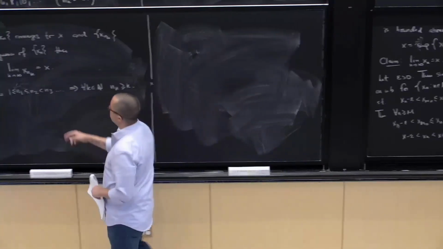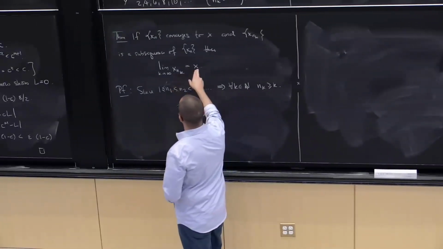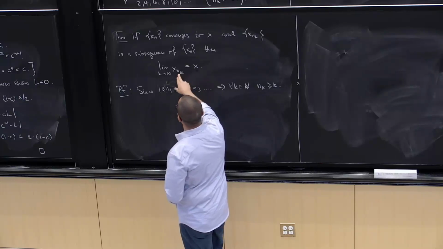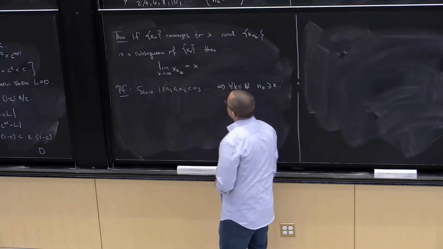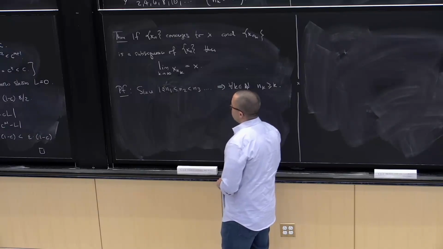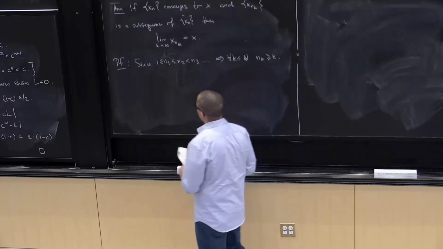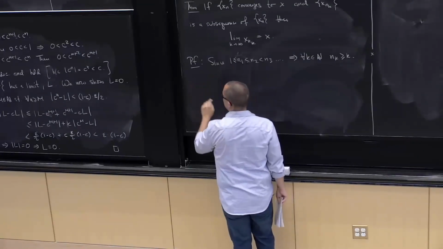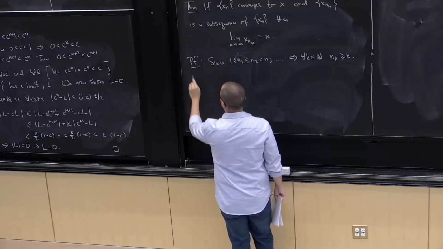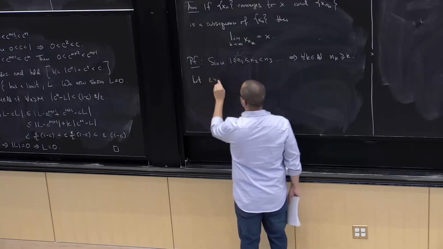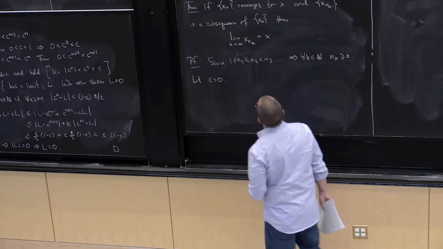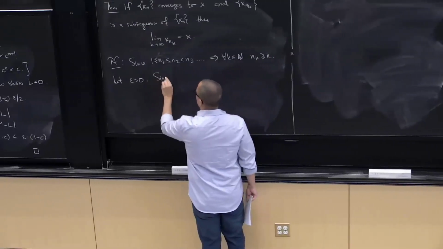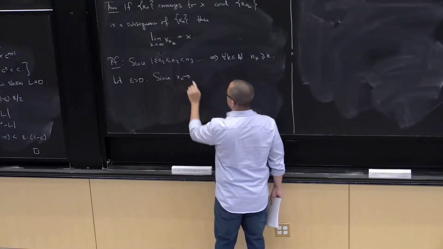So we want to prove that this sequence converges to x, and we're going to do that using the only means we have. This is just some arbitrary subsequence of x sub n, and all we have is the definition to use. So we have to show that for all epsilon positive, and so on. The first thing we do is let epsilon be positive. Now we'll use the fact that x sub n converges to x.